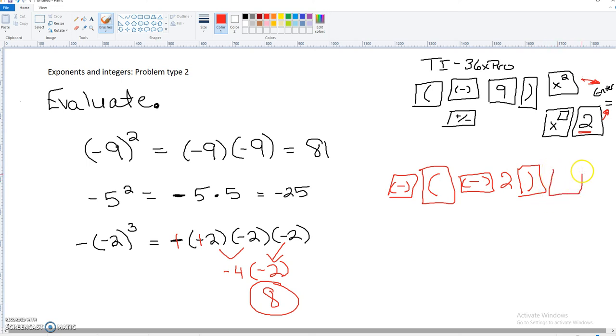In this case, unless you've got a super fancy calculator, you'll have to press the x to the box button. Then you'll press 3, and then your enter or your equal sign to get your solution. So, of course, if you practice both of those, you already know what the answers are: 8 for the bottom one and 81 for the top. So you can try both of those. And, of course, you can practice with that middle one as well, using that calculator to help you speed through this week's homework.